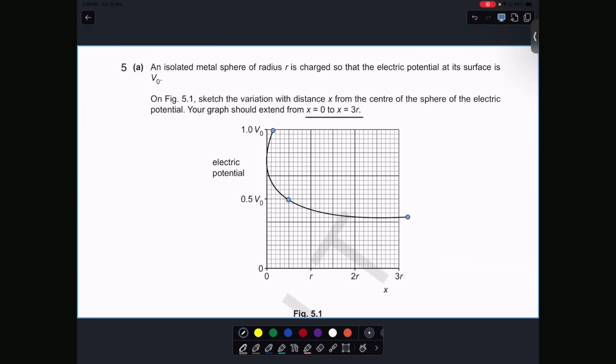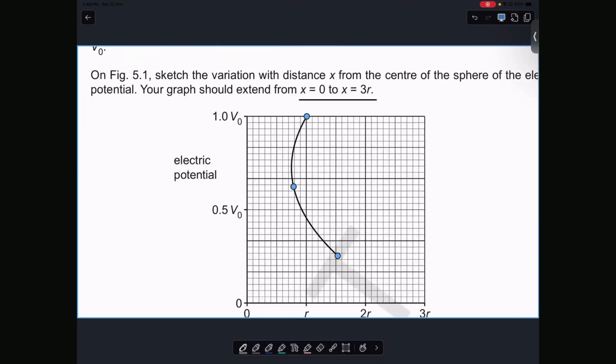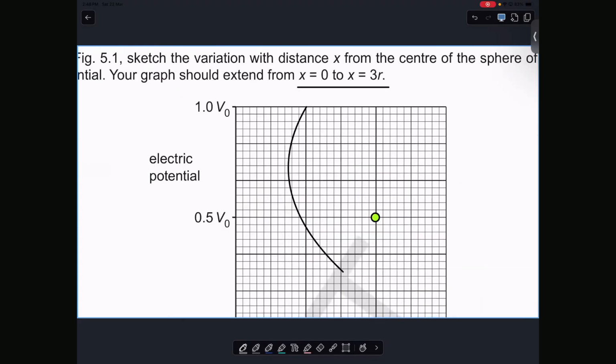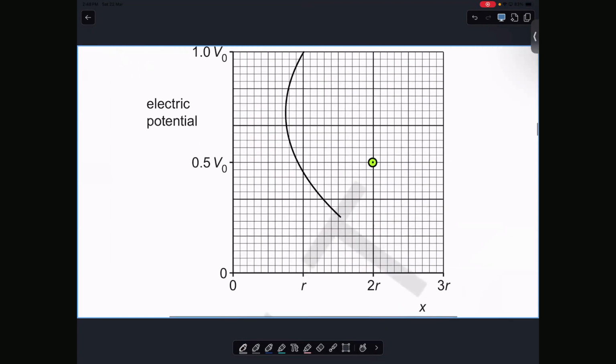Does it start from here or does it start from r? r, why? Yeah, then at 2r what will happen? At 2r it's half, and at 3r what will it be? Yeah, so let's plot here, they show the plot too. So this is one of them, and the other one is 0.33, right? So 0.5. What type of division is that?